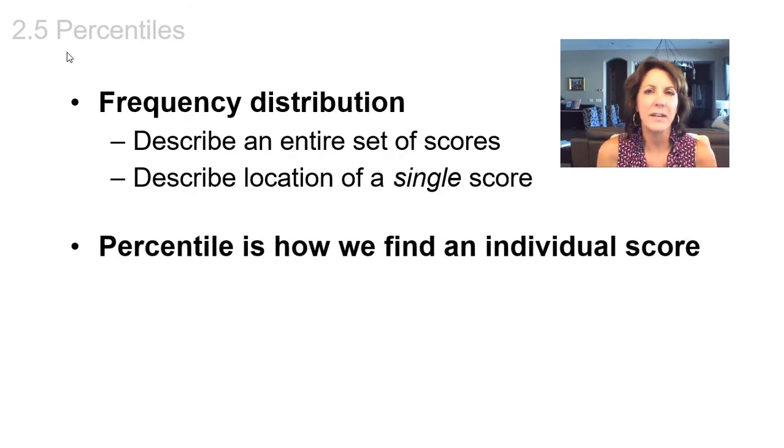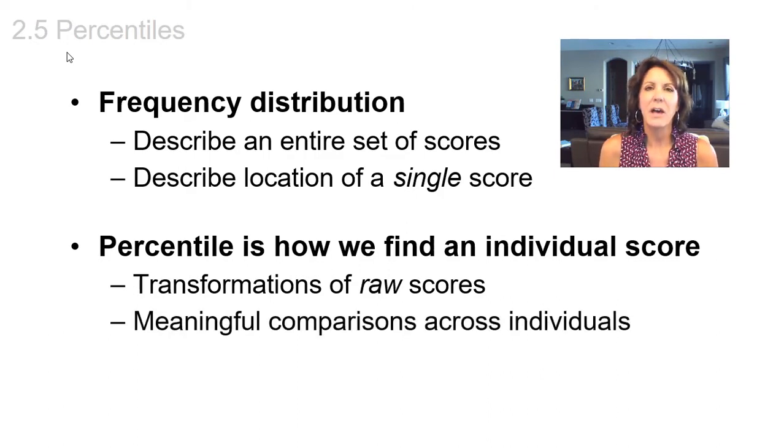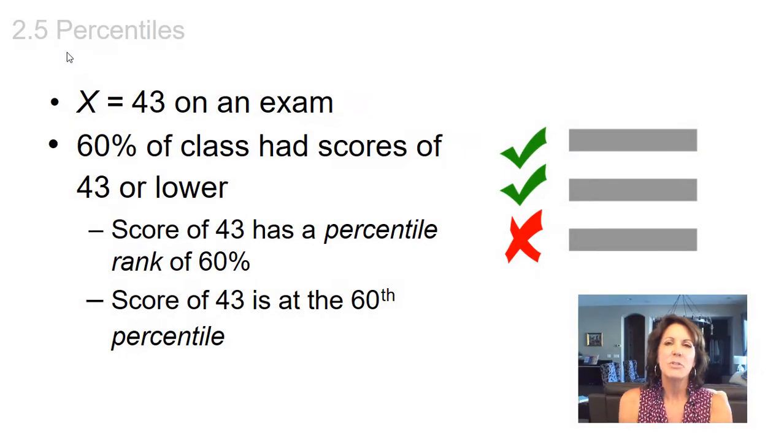Percentile is how we find an individual score. And it is actually what we call a transformation of a raw score. We transform it into something that can be compared to other scores. It allows for meaningful comparisons across individuals. Here's an example. Let's say that you got a score of 43 on an exam.